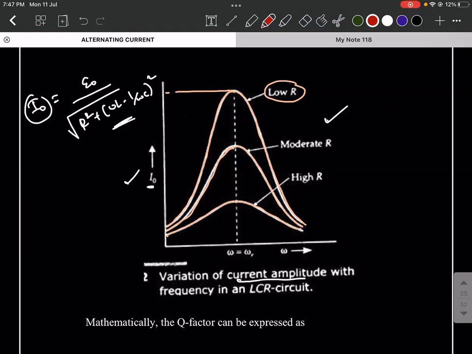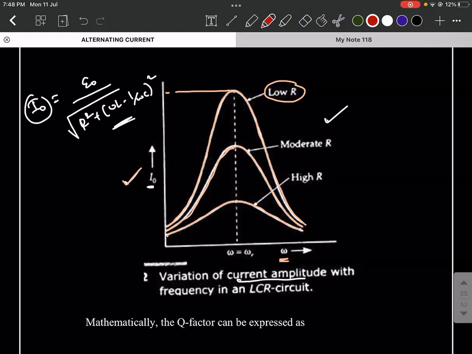But in the question, you drew the graph between I naught and omega. First draw it, then I'll explain. Let me know once you're done. Okay, done.